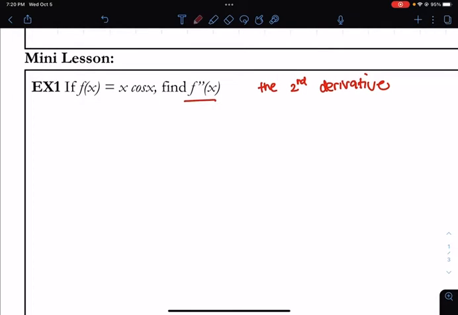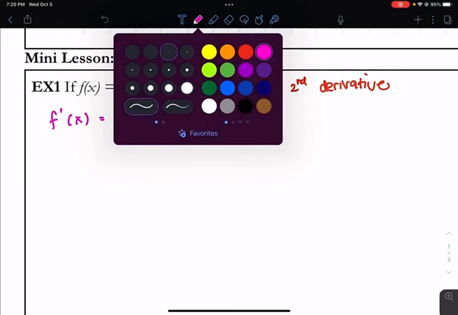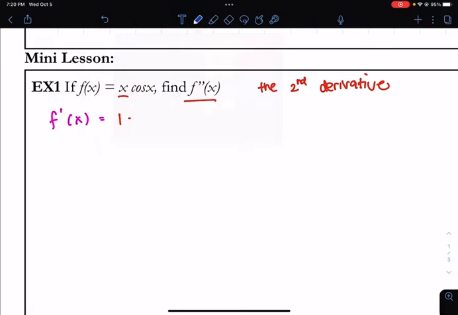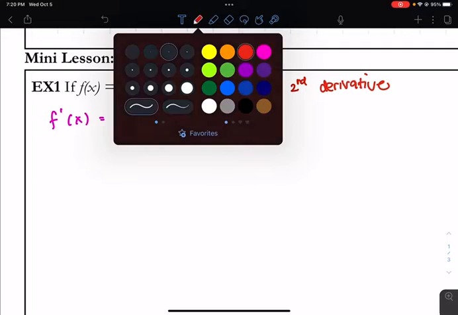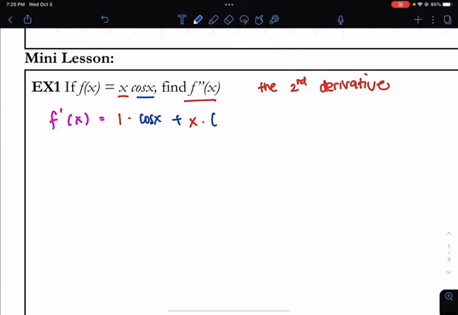Okay, so if you want to find the first derivative, remember that this is using the product rule, right? So we have the derivative of x, which is 1, times just cosine x, plus x times the derivative of cosine x, which is negative sine x.